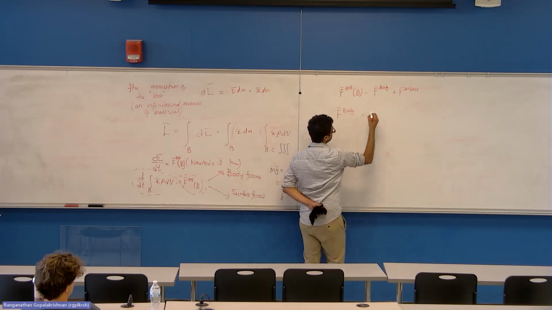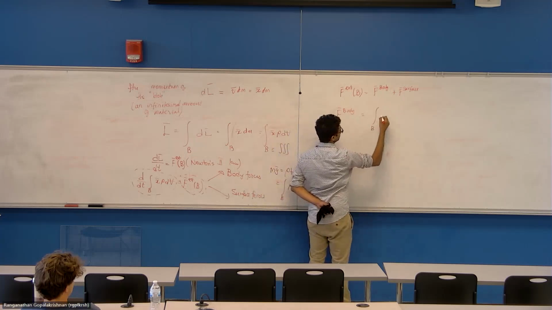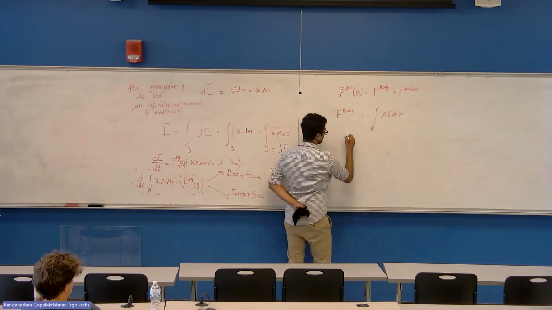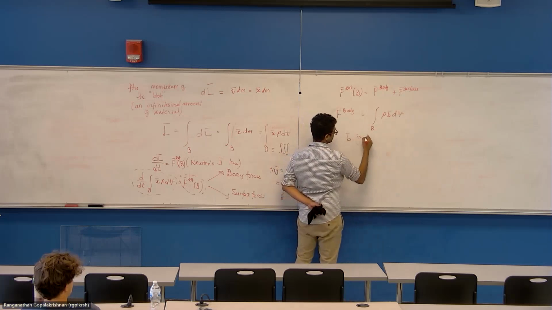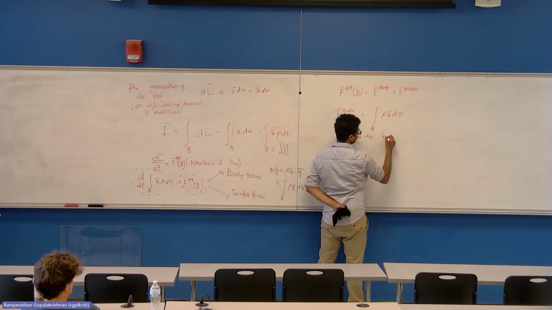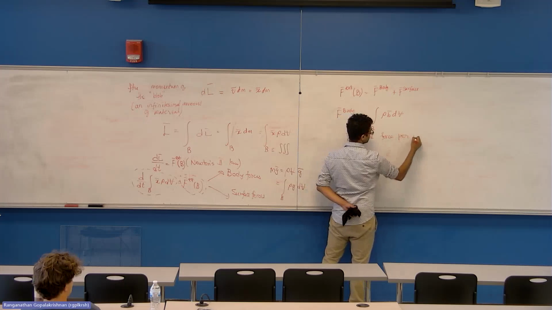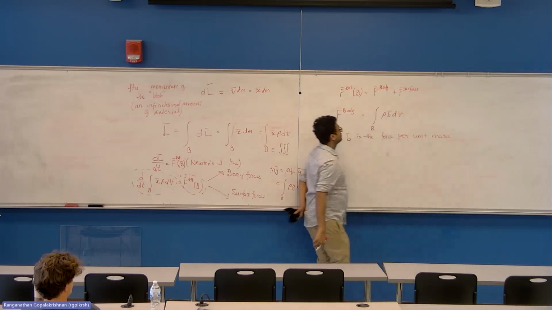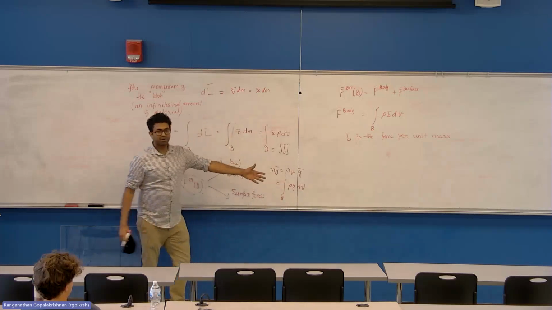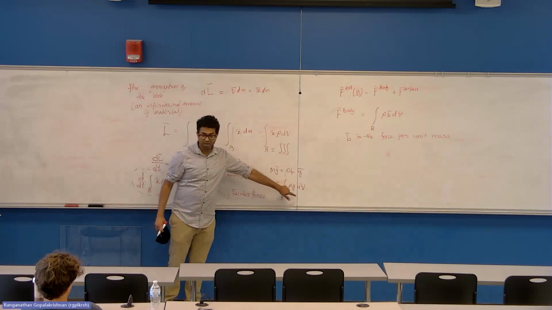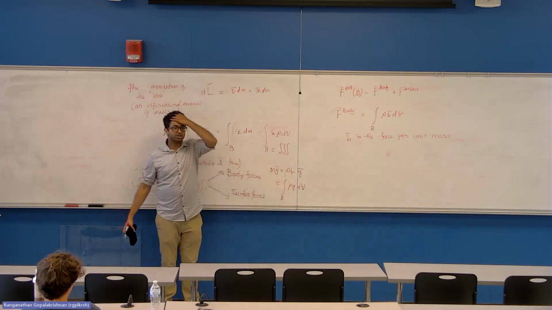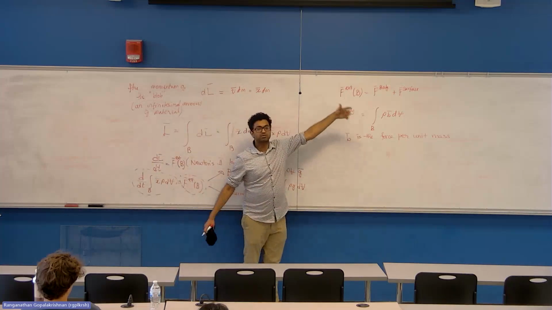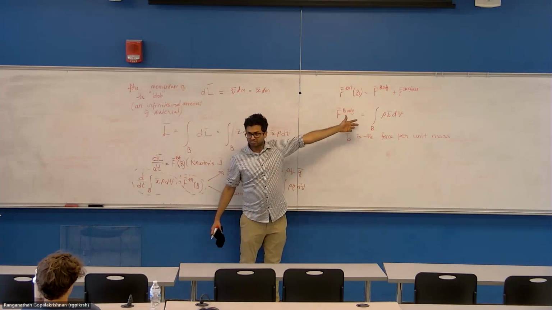We can write this is equal to integral rho B dV, where B is the force per unit mass. I'm just generalizing gravity because it's a very simple example. I can write rho g dV. And instead of calling it g, I'm calling it B, where B is like a generalized force per unit mass.